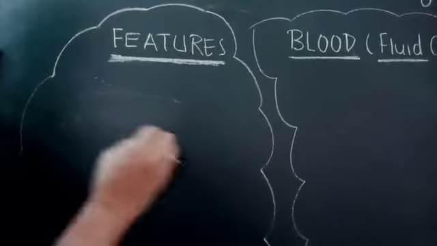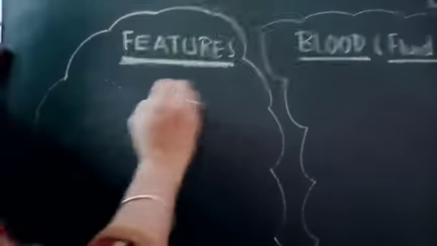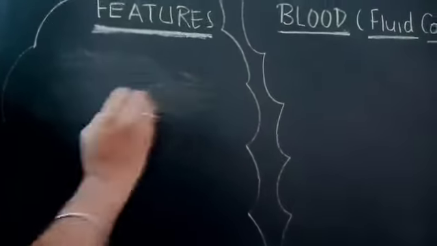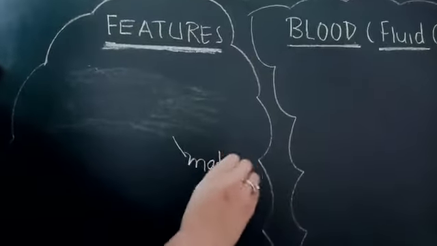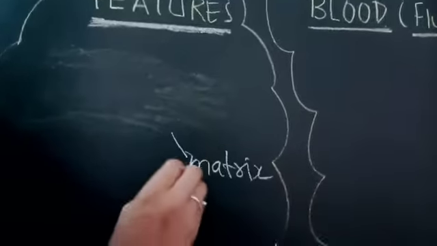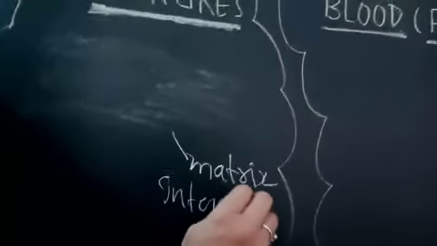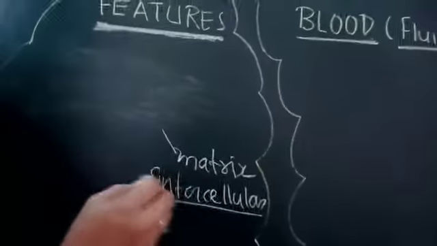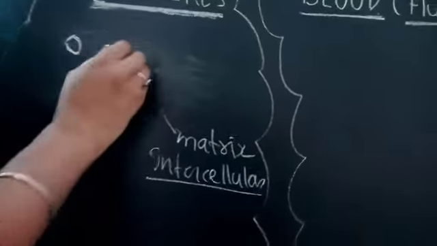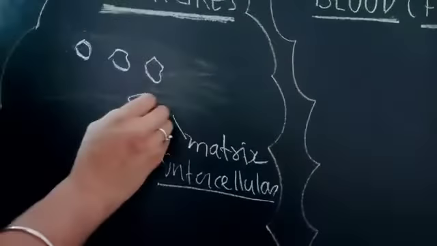There is an intercellular material that is called the matrix, an intercellular matrix in between which the different types of the cellular parts are suspended.